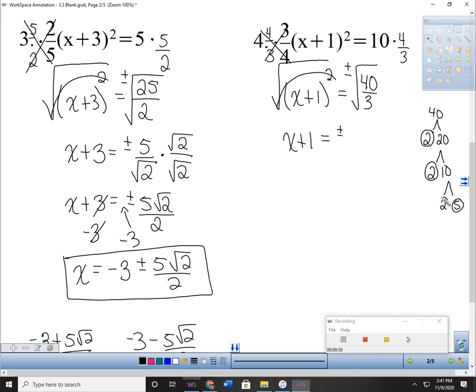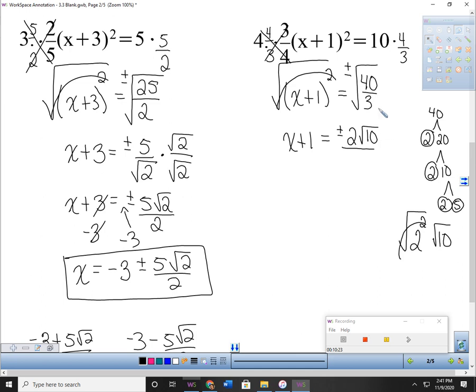Now, how many of these 2's? I have 3 of them. How many is going to make my perfect square? 2 of them, right? And what is that going to leave left over? A 2 and a 5. So I'm going to multiply those together to make 10. So if I square root this, I get 2 square roots of 10.